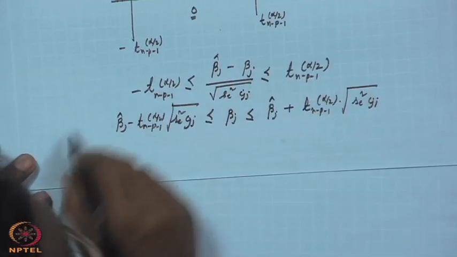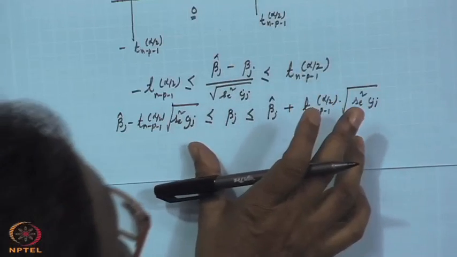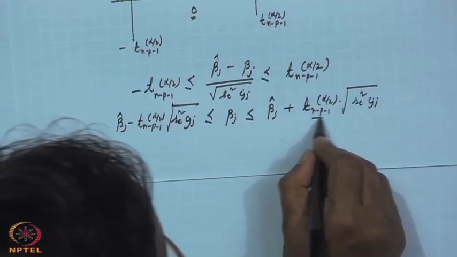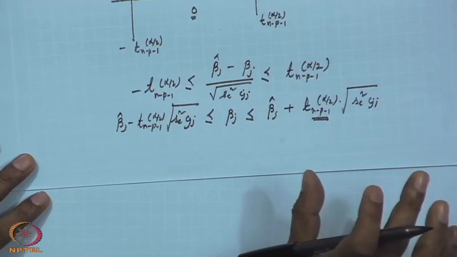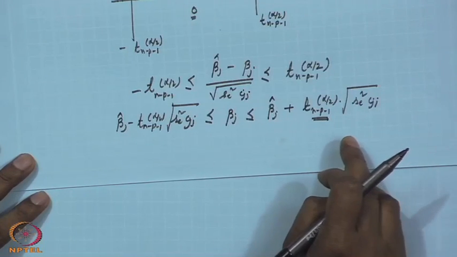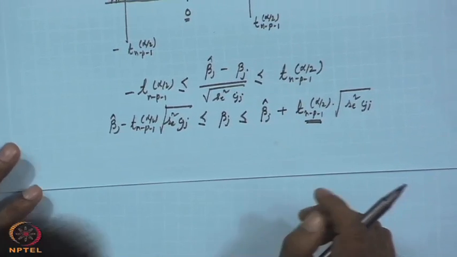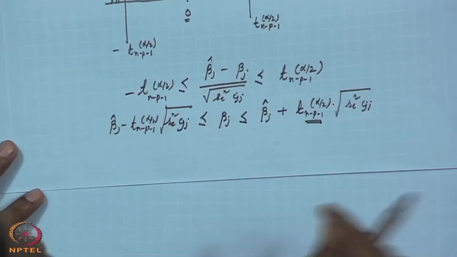This is from the usual individual t distribution, but again you see that n minus p minus 1 degrees of freedom is much less compared to n minus 1 in the original x bar case.